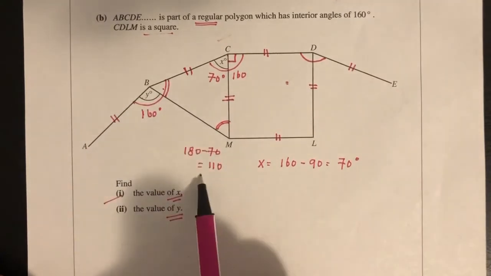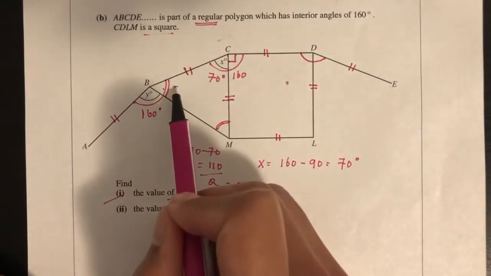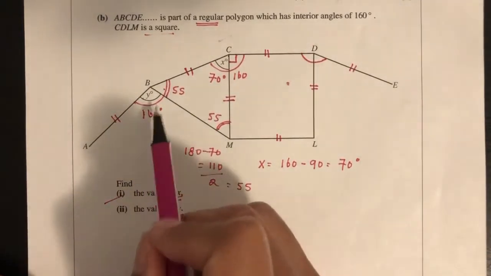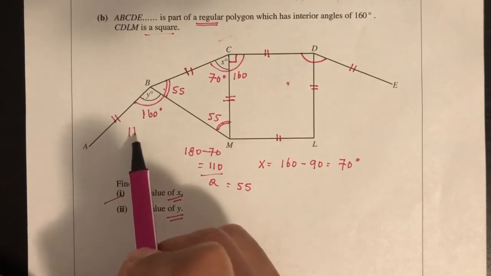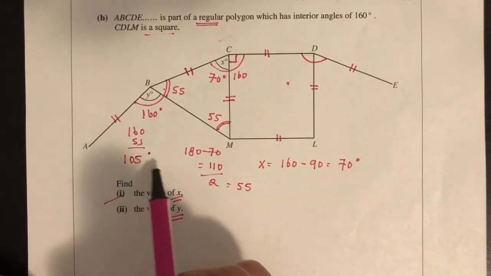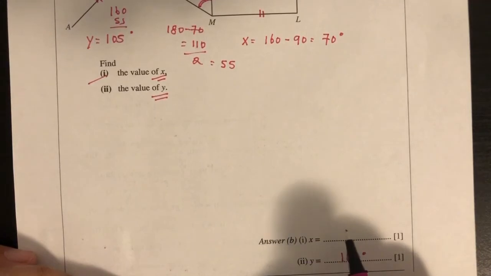So for one of them, divide by 2, that will be 55. So 55 and 55. So what is this y? Y will be 160 minus 55, that will be 105. So angle y is 105 for the value of y. X is 70.